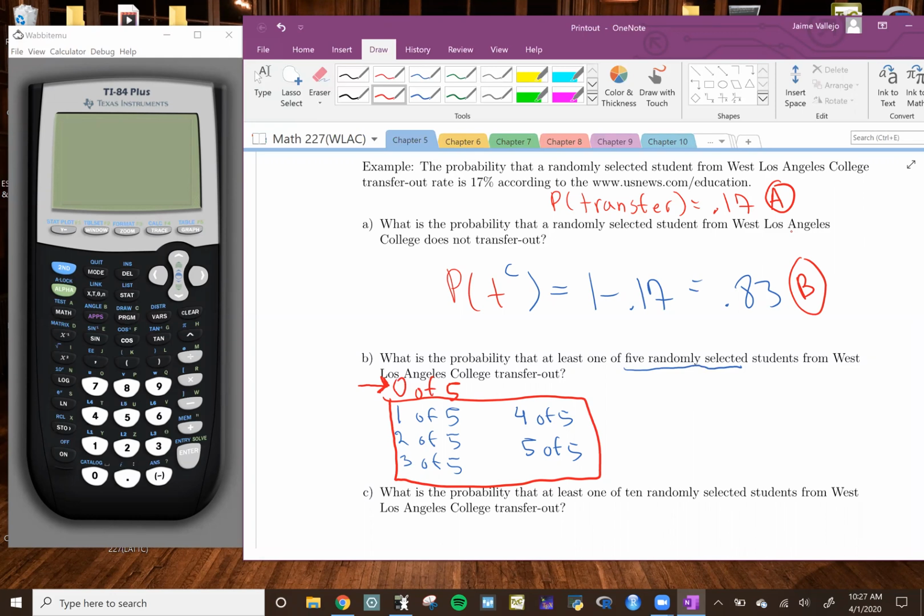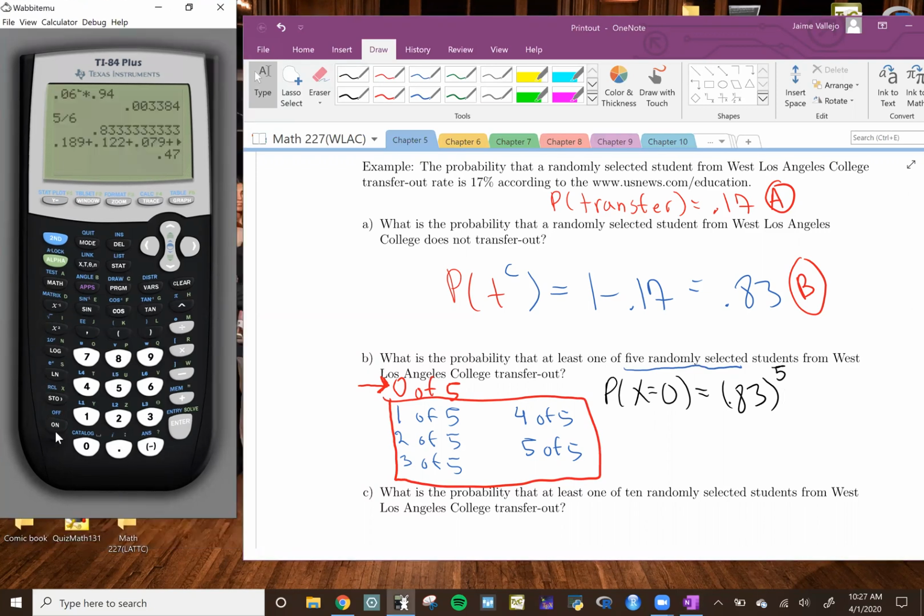Cool. So we're going to find the probability that X is equal to 0, and the reason I'm putting 0 is because we want none of them to transfer out. So we'll put 0.83. How many times should I put 0.83? 5 times, yes, perfect. 5 times, or we could put it to the 5th power. So 0.83 to the 5th power.